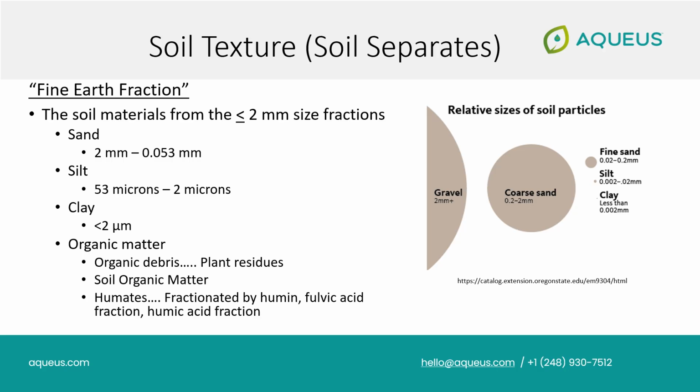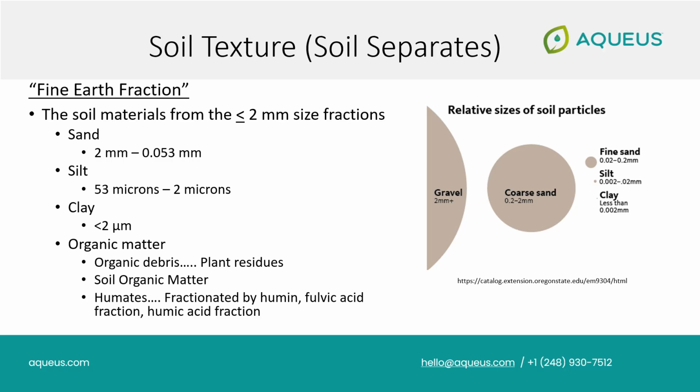We talk about humates too, and the thing I wanted to mention about humates is we have terms like humin, or fulvic acid fraction, humic acid fraction, and those aren't discrete materials. Sometimes people say, "Oh, I'm putting on a humic acid."